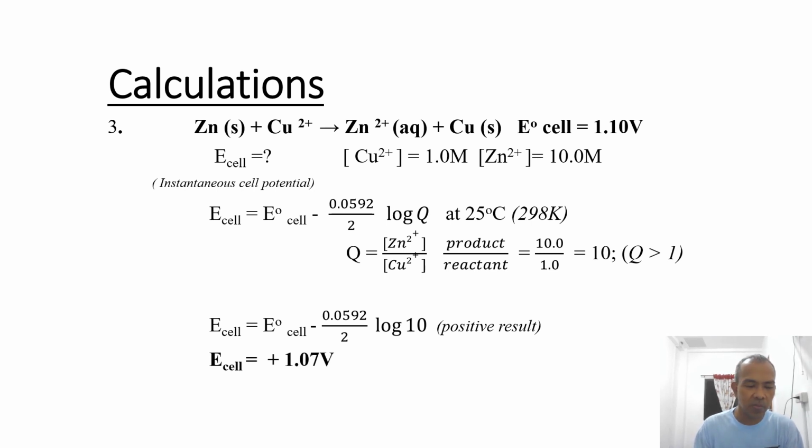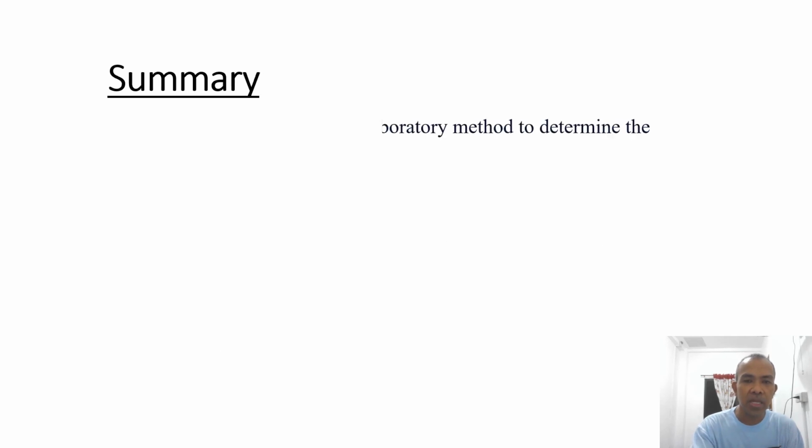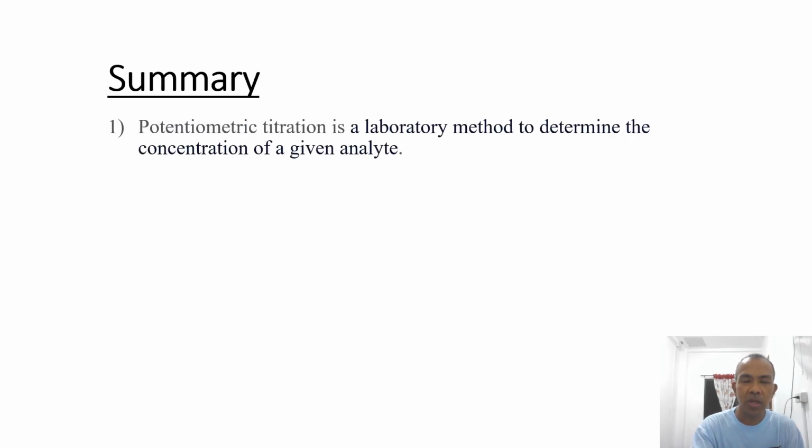So here are the example computations using the Nernst equation. For the summary of potentiometry: the potentiometric titration is a laboratory method to determine the concentration of a given analyte.